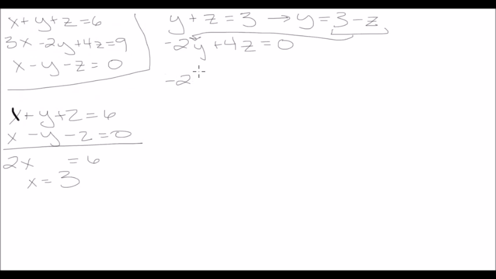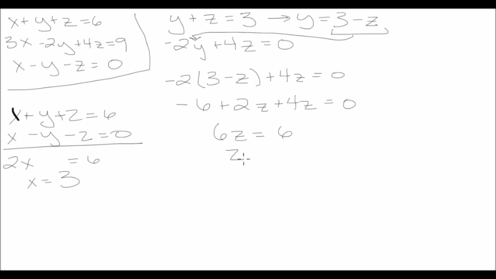So I get negative 2 times 3 minus z plus 4z is equal to 0. Negative 6 plus 2z plus 4z is equal to 0. I move the 6 to the other side. I get that 6z is equal to 6 and that z is equal to 1.